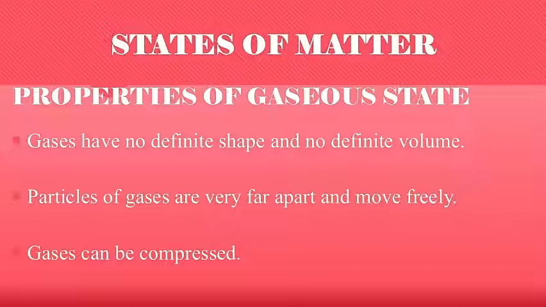Particles of gases are very far apart and move freely. We have shown you in the diagram before, the gas molecules are very far apart from one another and they can move freely all over the place. Gases can be compressed. So you can decrease the space between the particles and bring the particles closer, and thus decrease the volume occupied by the gases.